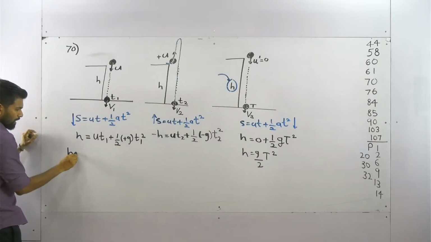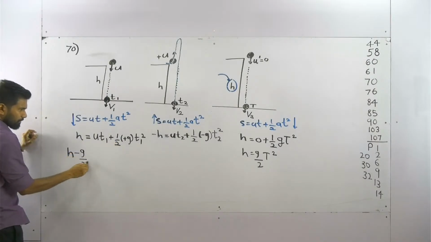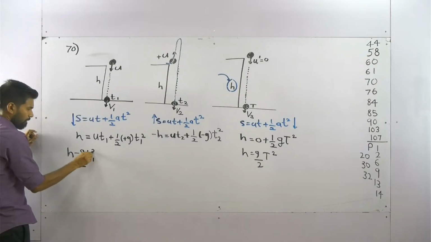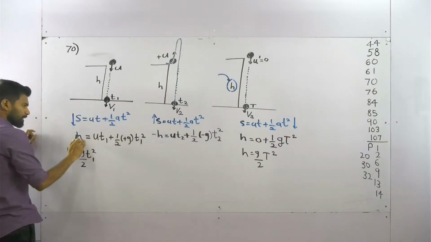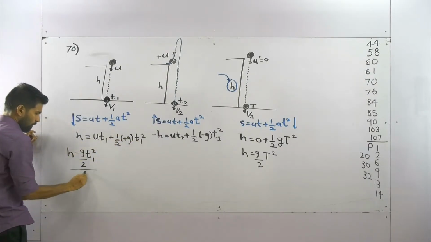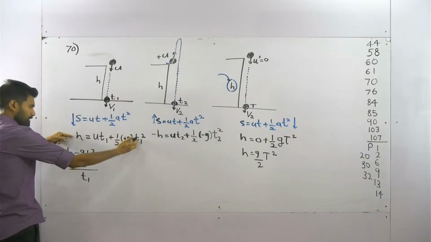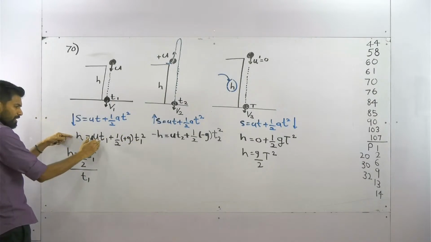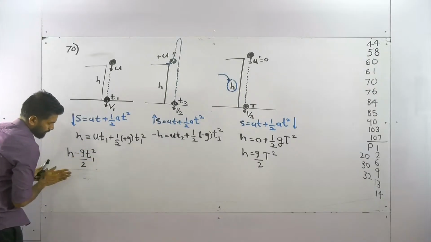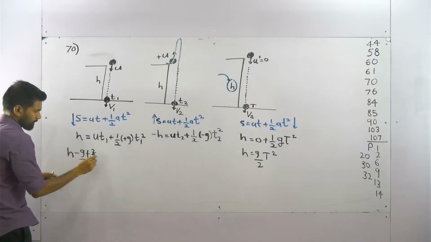h minus g over 2 t1 square, I'm making u the subject. h minus g over 2 t1 square will be ut1.